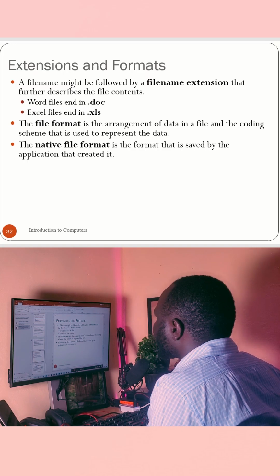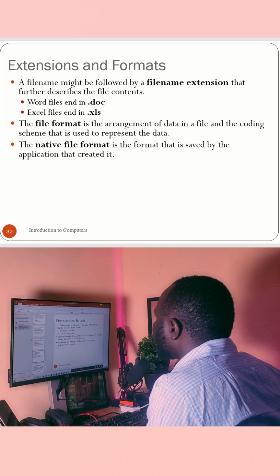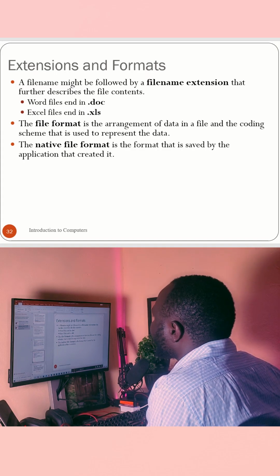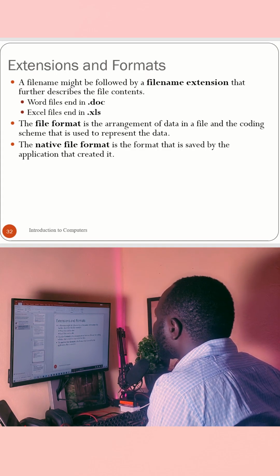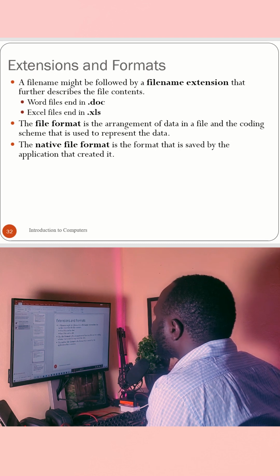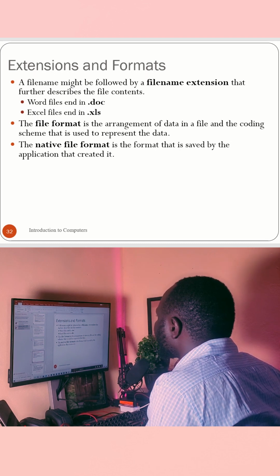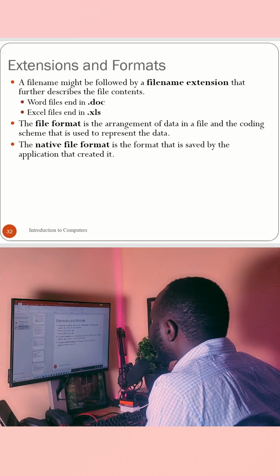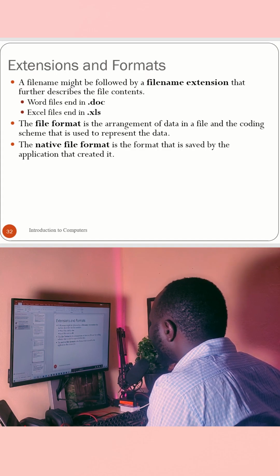Yes, that is what I've just talked about. Like Word, you have .doc. Excel, we have .xls. If it is PowerPoint, we shall have .ppt. If it is PDF, you're going to have .pdf. If it is an image, you're either going to have .jpeg or .png and other image file extensions.